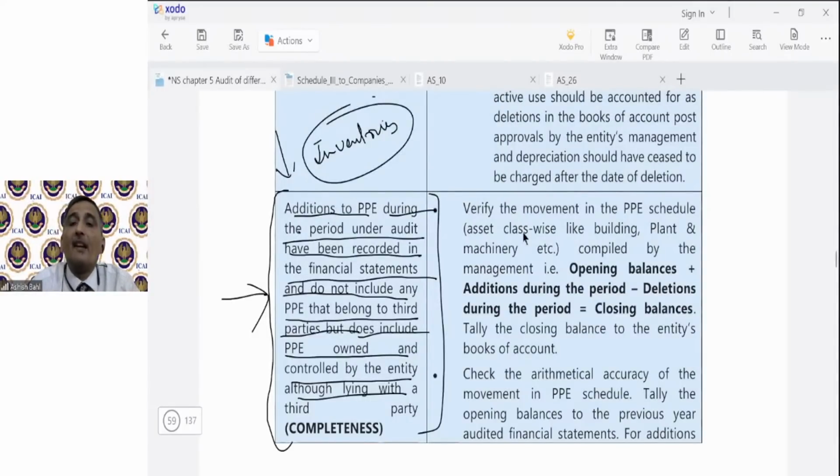Yes. So verify the movement in the PPE schedule. Basic arithmetical calculation.